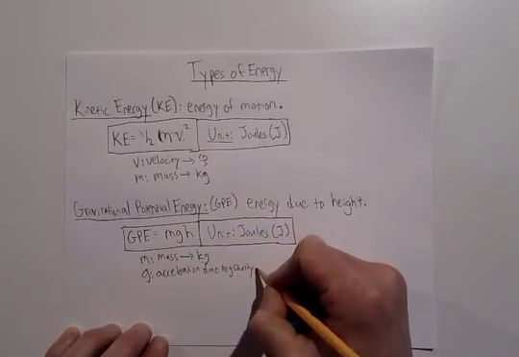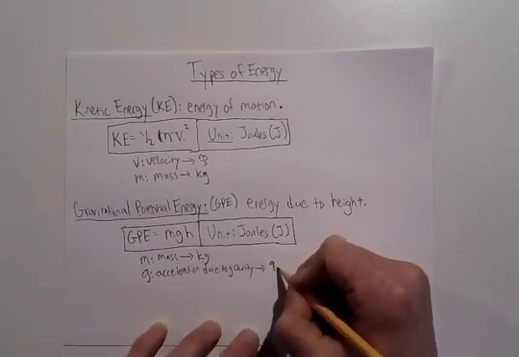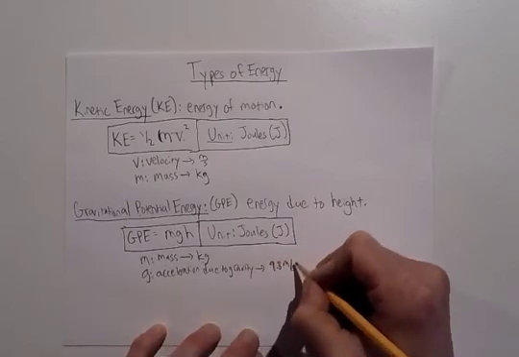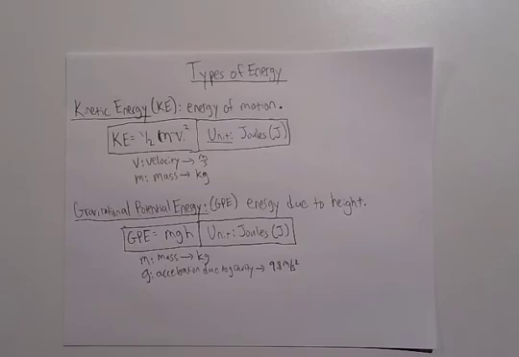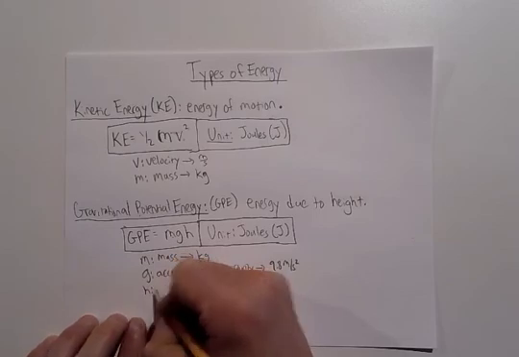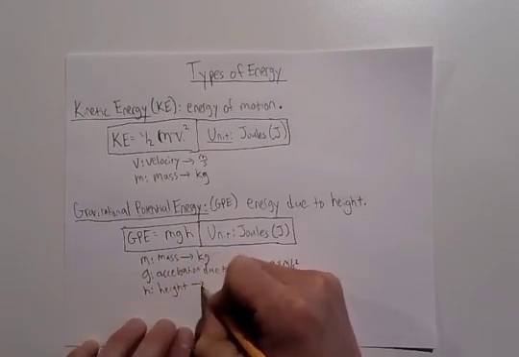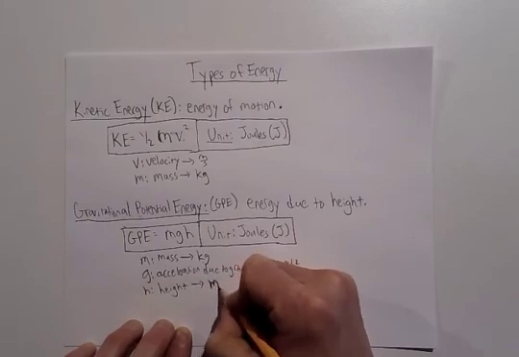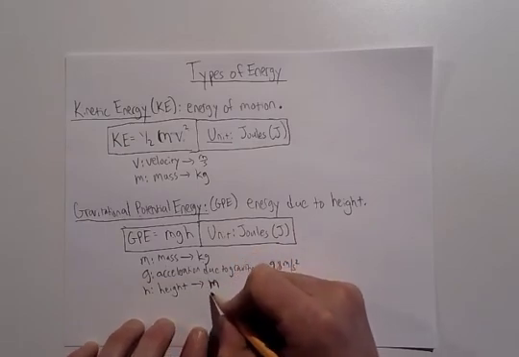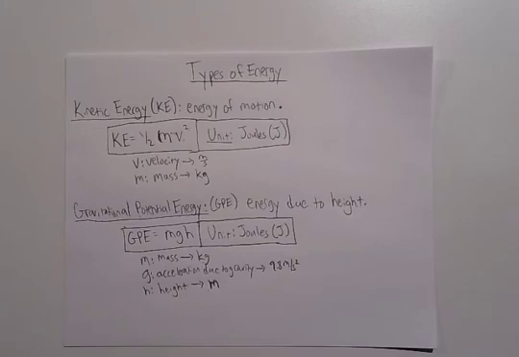And remember that that is 9.8 m over s squared. Just know that you have to plug in 9.8 for g, like you've been doing. And h is the height. If you see something in meters in your word problems, then plug it in for height, how high something is lifted up.